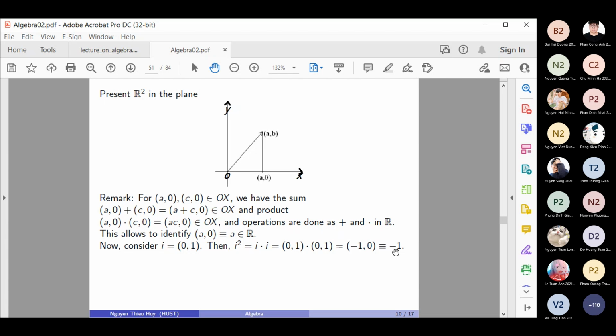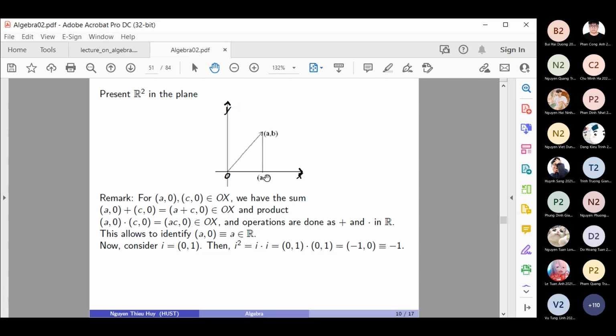Something stranger here, because I use a trick, right? I use identification as a trick. Every point in this horizontal axis I identify with a number in R, and this identification is allowed because every time I am doing computation on this axis, it's the same as doing the computation in R, because the second component is always 0.